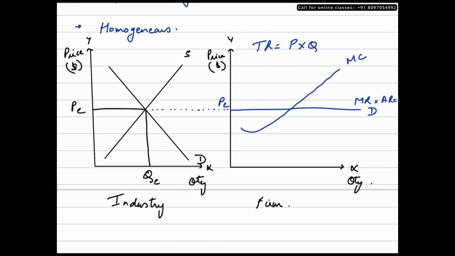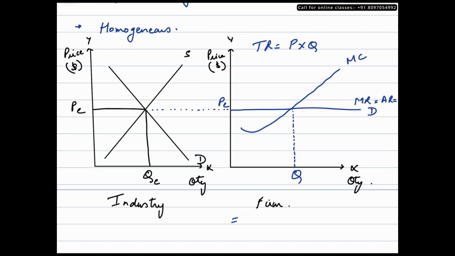Okay. Now, there is an intersection point in this diagram pertaining to the firms, which is this. Let's get a perpendicular plotted from here as well. Now this is the quantity that this individual firm would want to sell at price PE to get its profit maximized. For those who don't know how we got this figure, we need to understand the profit maximization rule, which was MC is equal to MR. Let me jot that down as well somewhere over here.